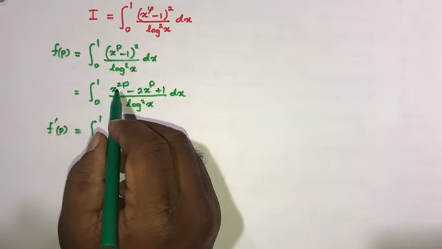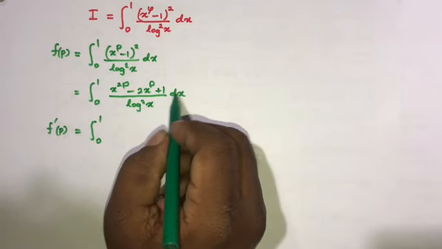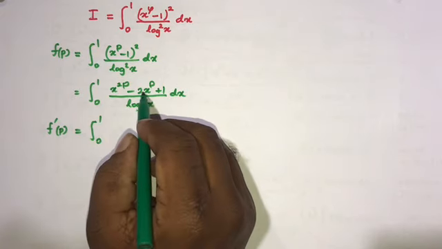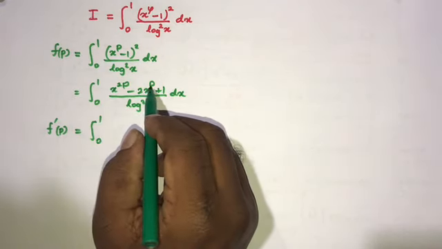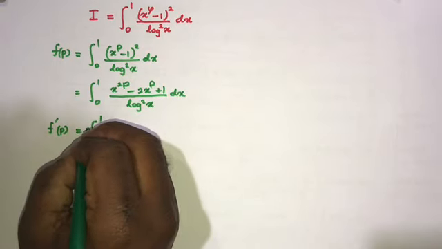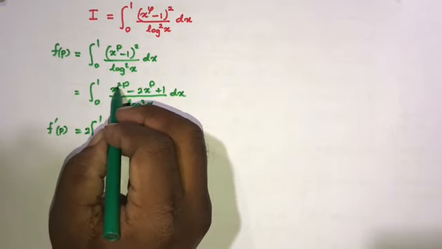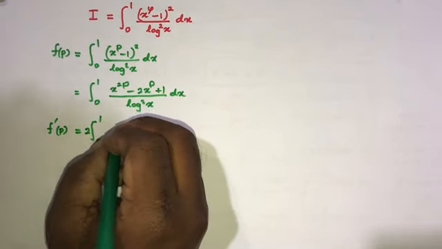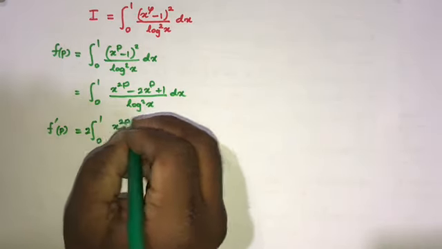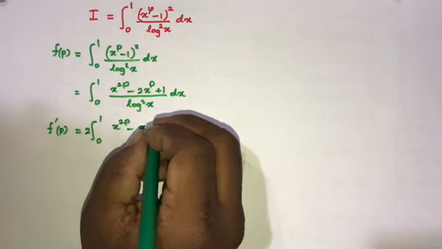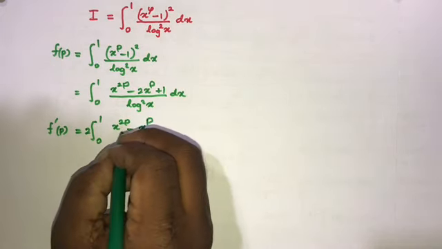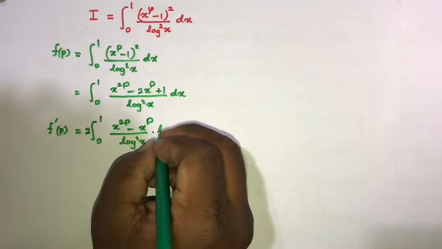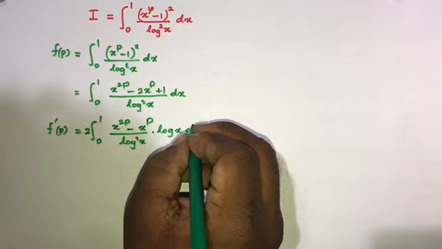Here 1 is a constant, so its derivative is 0, and for x^(2p) and 2x^p we will have 2 times (x^(2p) − x^p) over log²(x) times log(x) dx.